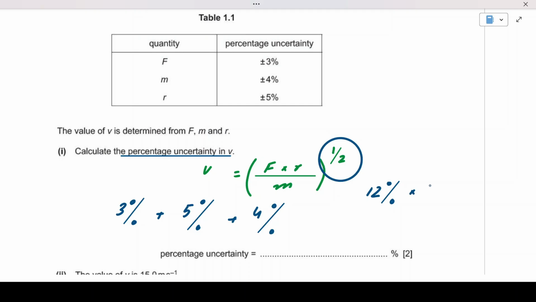Exponent is 1 over 2. So multiply by 1 over 2. So you're left with 6%.